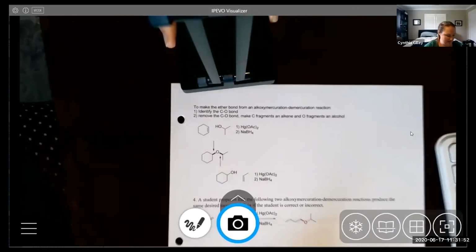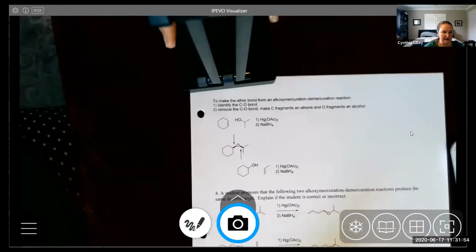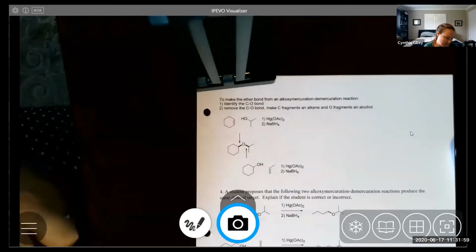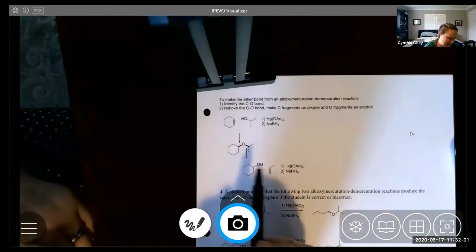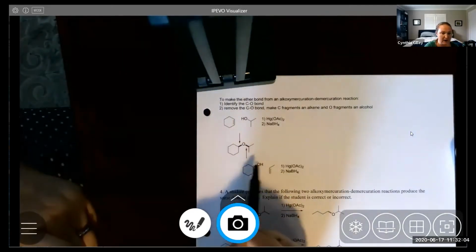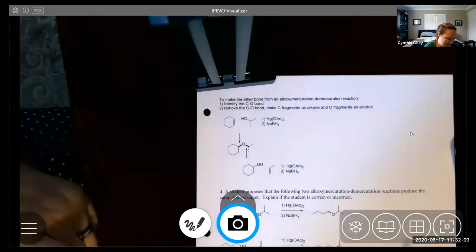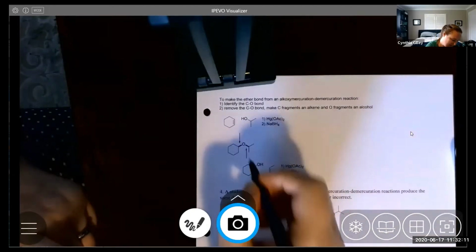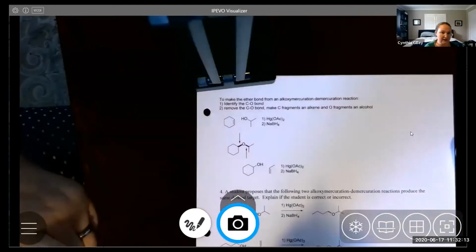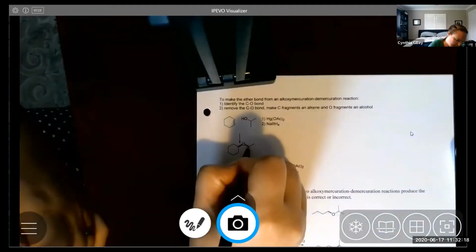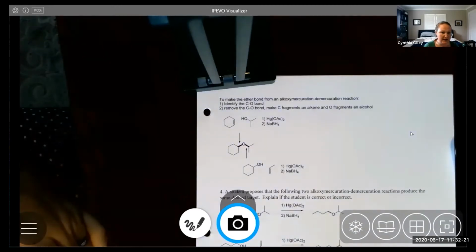So we're continuing on this page with that reaction, and thinking now retrosynthetically. How could we have made, for example, this ether through that alkoxymercuration-demercuration? So he's highlighting that potentially we could have made this bond or the other one. And depending on which one you're making, that changes the reagents.